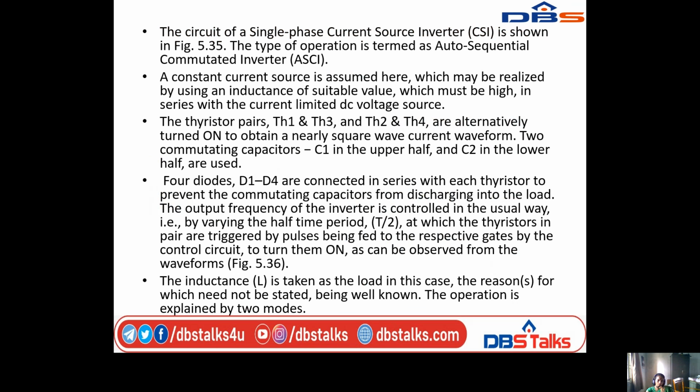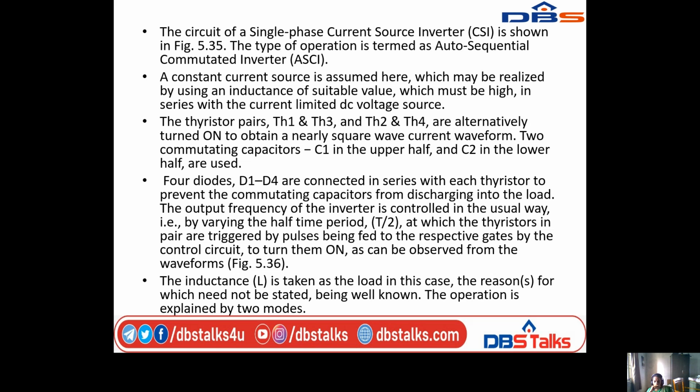Now for the operation. The circuit of the single phase current source inverter is shown in this figure. This type of operation is termed an auto sequential commutated inverter, called ASCI.